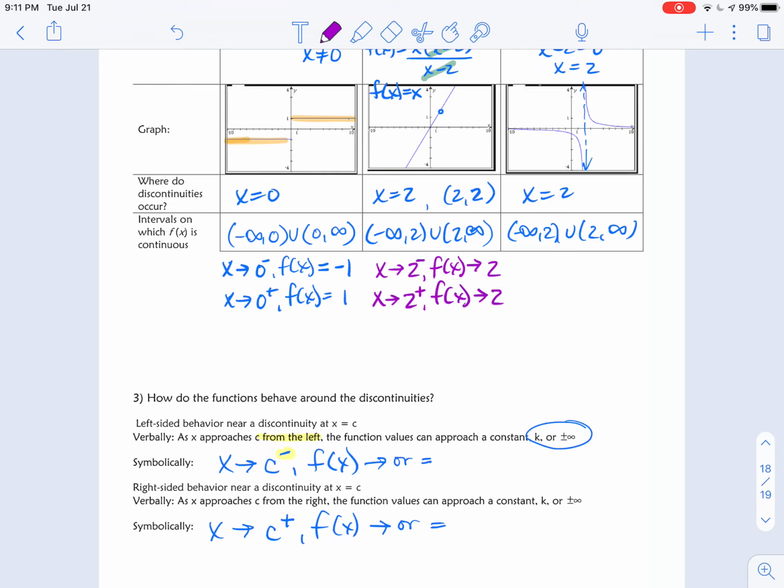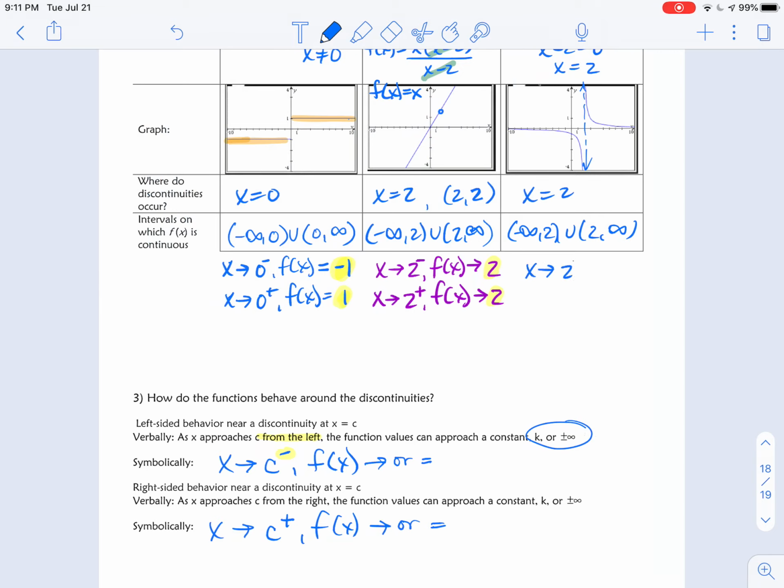And I'm going to say from the left, and then again from the right, the function is approaching 2. So you can't really see the discontinuity in this problem because these two are equal. We did see that in the first problem where they equaled +1 and -1. That's an obvious discontinuity. Here, this is a little bit less obvious.